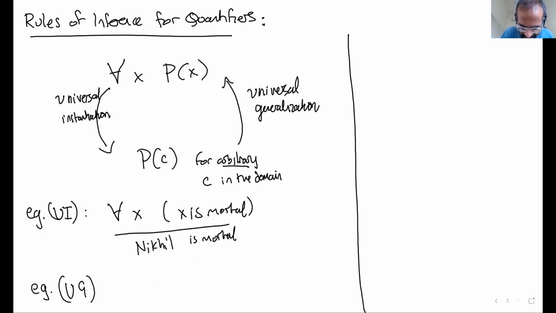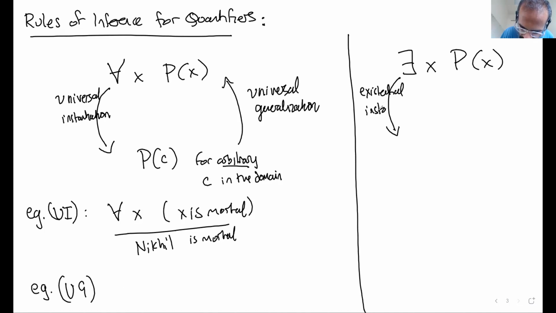And then there are some similar rules of inference for the existential quantifier. So the statement, there exists x so that P of x, implies, so this is existential instantiation, that P of c is true for some c in the domain.